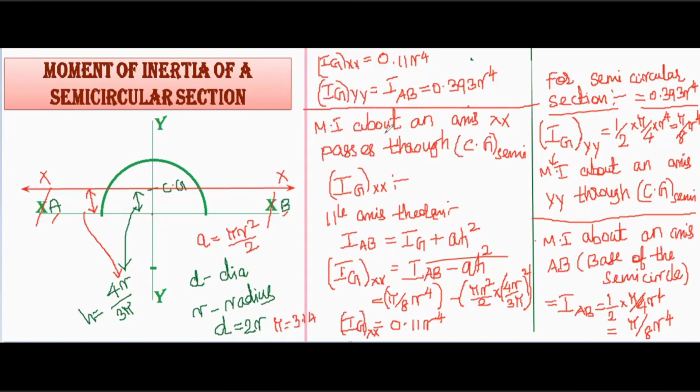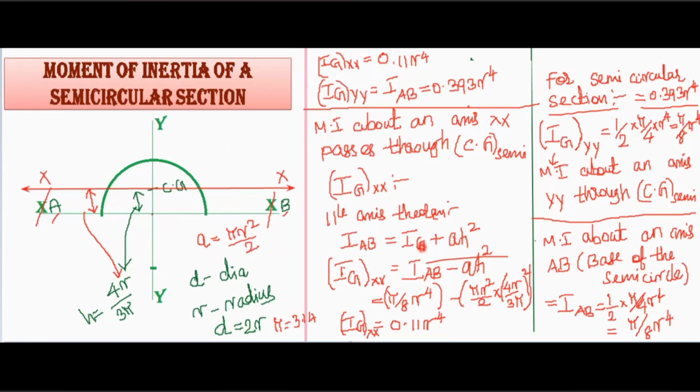The moment of inertia about the XX axis passing through the center of gravity we have to calculate by using the parallel axis theorem. IAB equals IG, or IGXX, plus AH square. We know the area of the semicircle, that is pi r square by 2. For a circle it is pi r square, for a semicircle it will be half of the area.